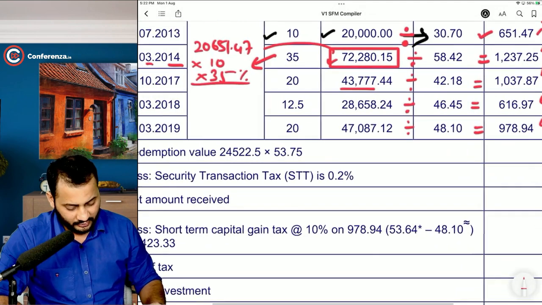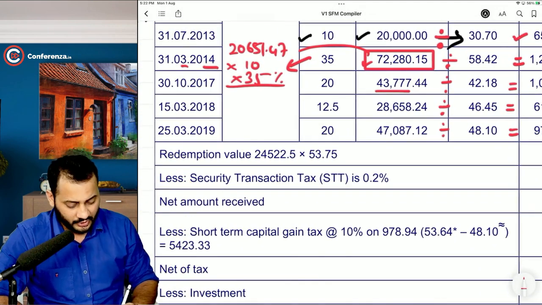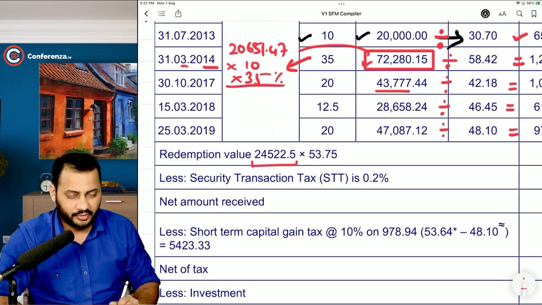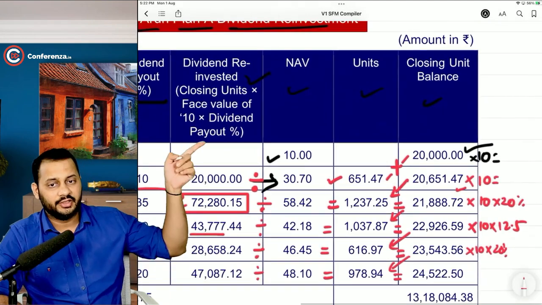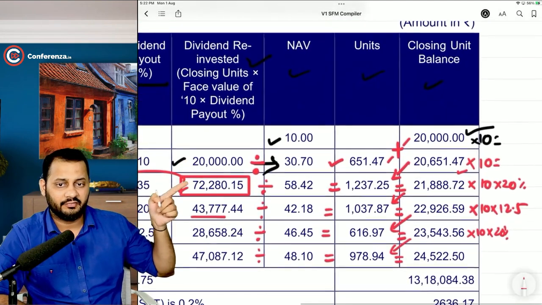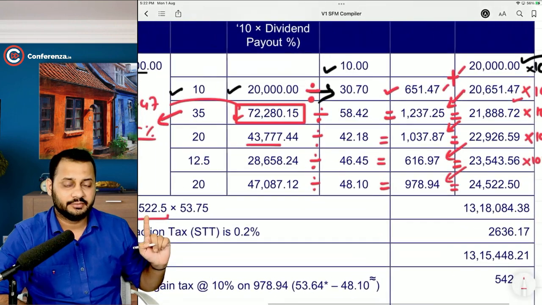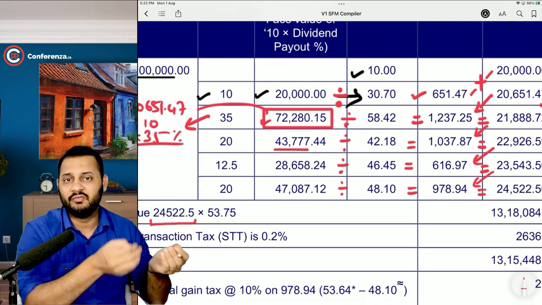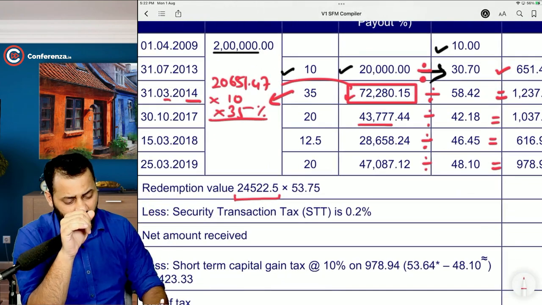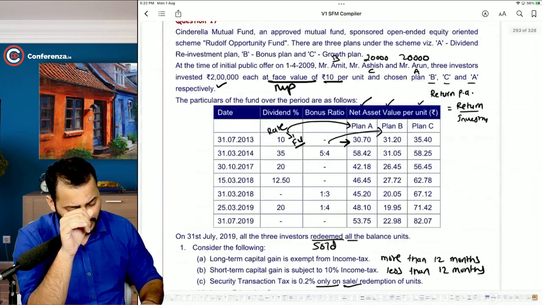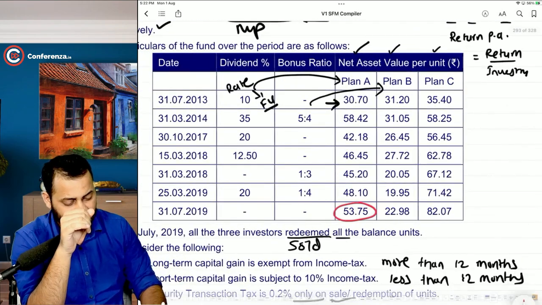So at the end, on 31st July 2019, you sold around 24,522.5 units. You purchased around 20,000 units, but on different dates you started accumulating units because of the dividend reinvested in the fund. So when you sold all the units, when you redeemed all the units, the ongoing NAV was 53.75.